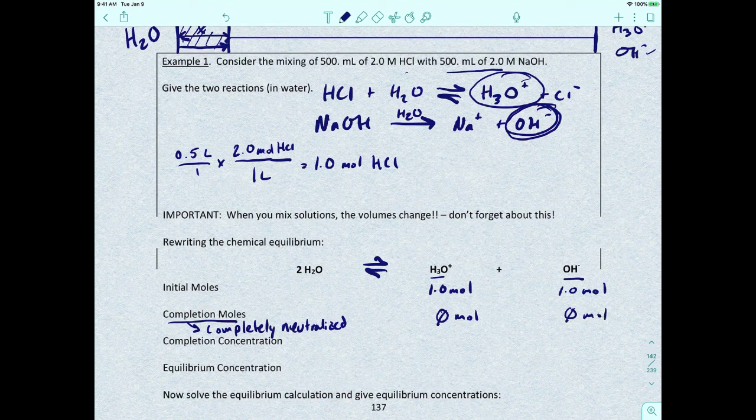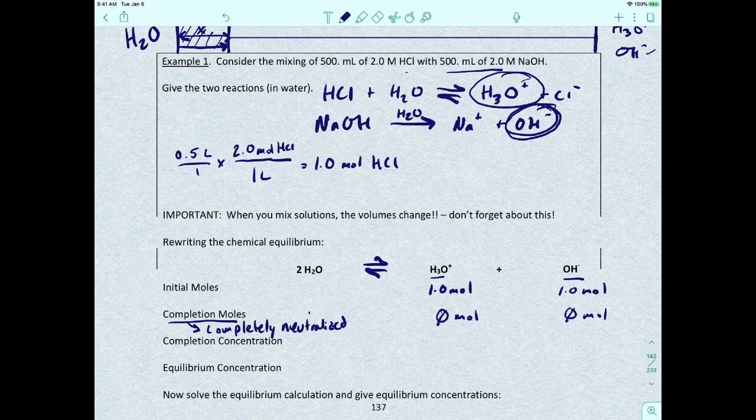So you should have all water. Now, technically, we should put a 1.0 moles here, but remember, because this is aqueous equilibria, the water is in a different phase. We don't worry about it. Okay. So that's the completion moles.